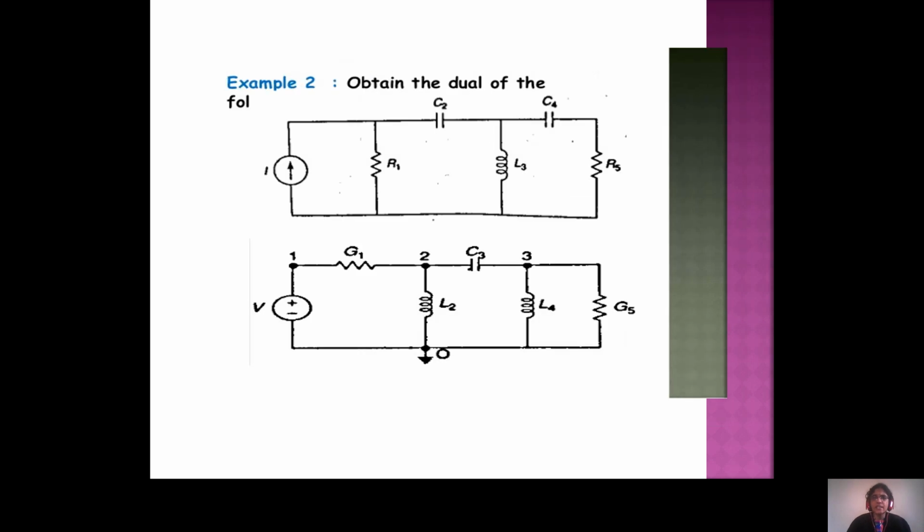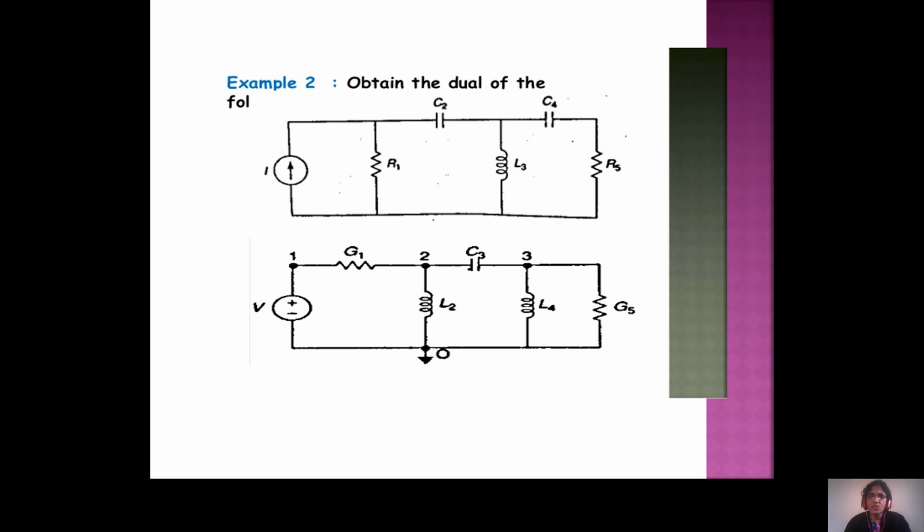Next, same thing, obtain the dual of the network. Here there is a current source, resistor, capacitance, one inductor, two capacitors and two resistors. So here you put 3 dots, 1, 2, 3 and one reference node.